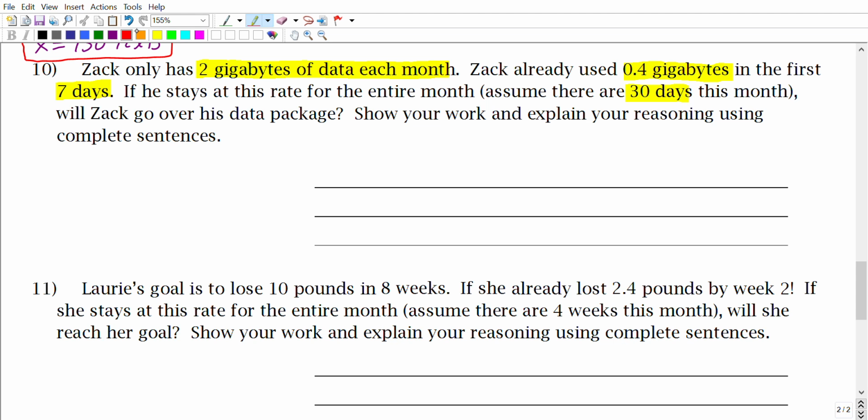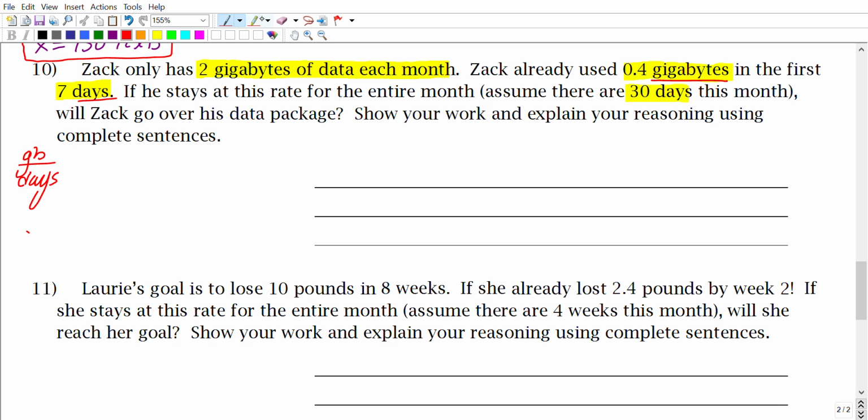So, I hope you guys can tell right away here that we are comparing gigabytes with days. So that's the first thing I'm going to go ahead and write. So gigabytes over days. Well, where do we see both of those things in the same sentence?